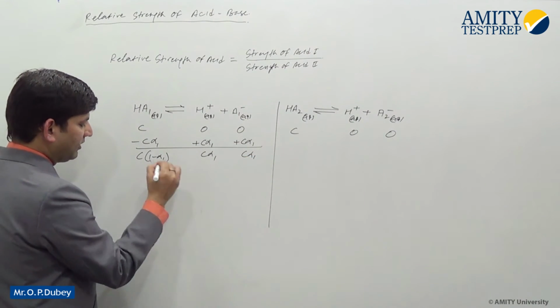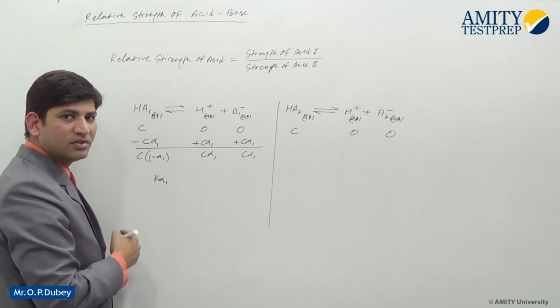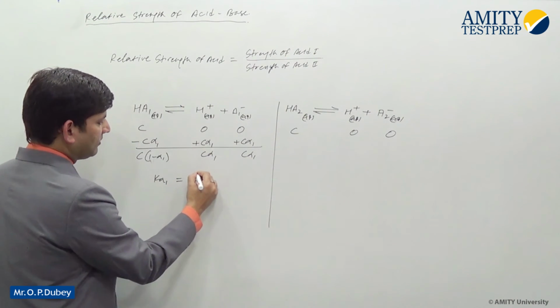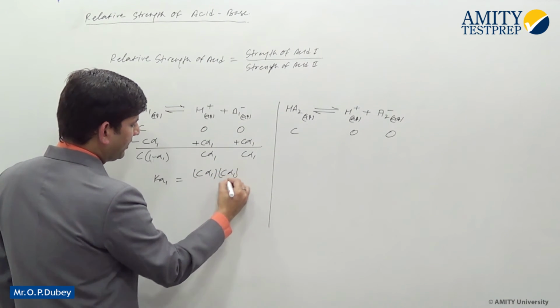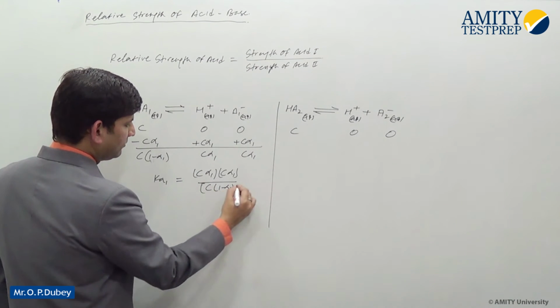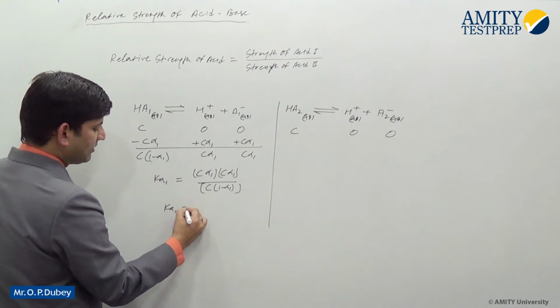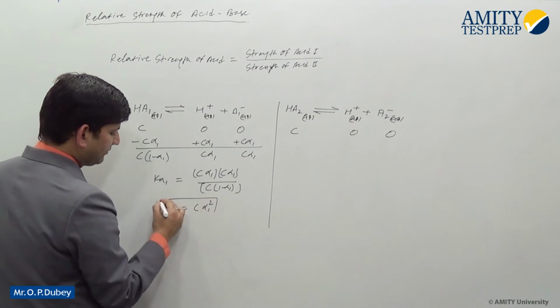Now we can also write K1 for this acid. The dissociation constant of this weak acid is C alpha 1 multiplied by C alpha 1 upon C(1 - alpha 1), and K1 is equal to C alpha 1 squared.